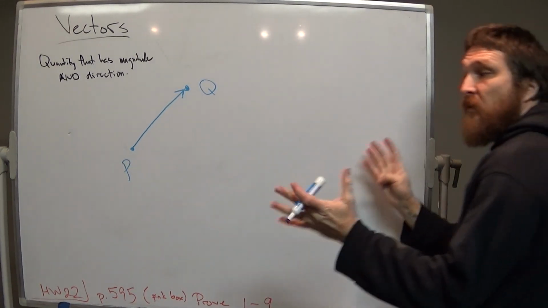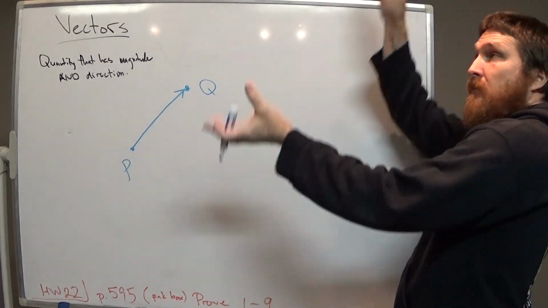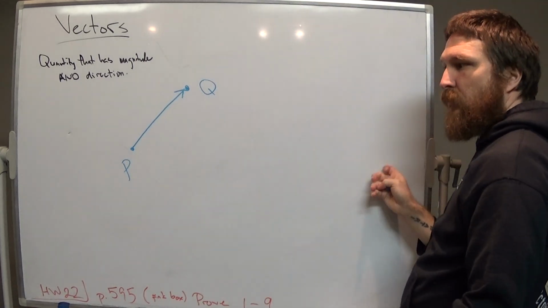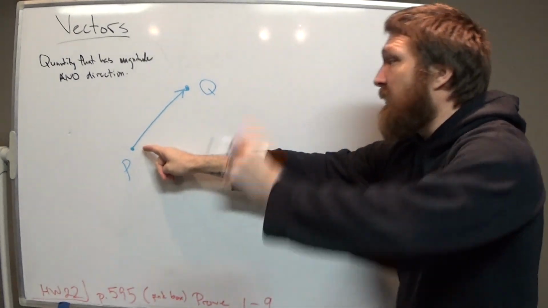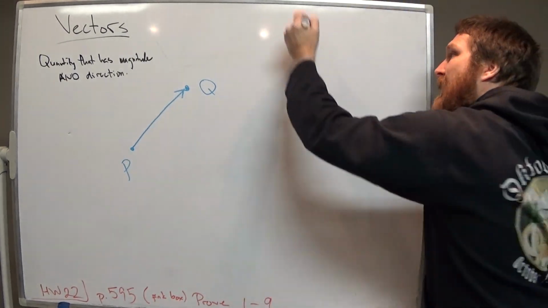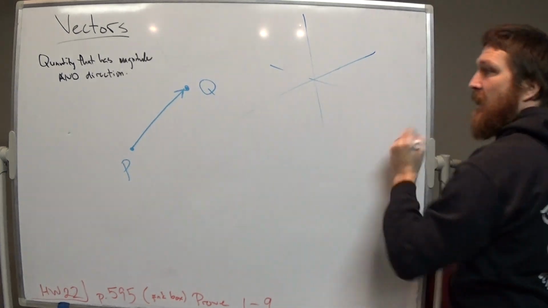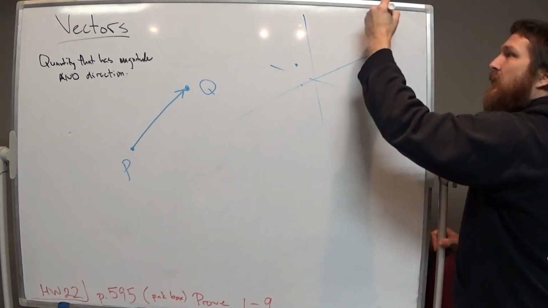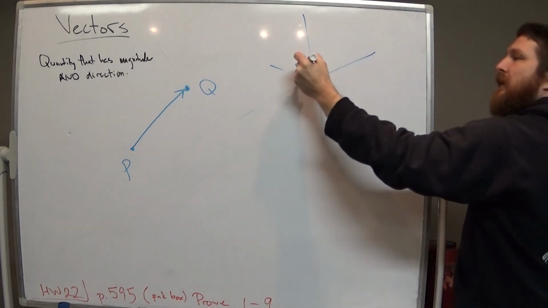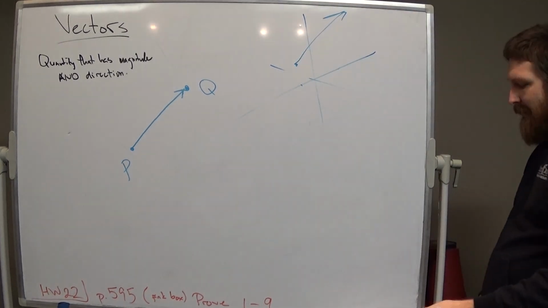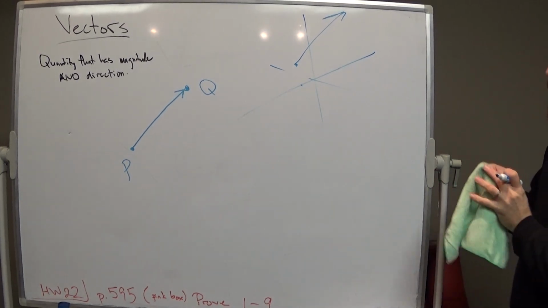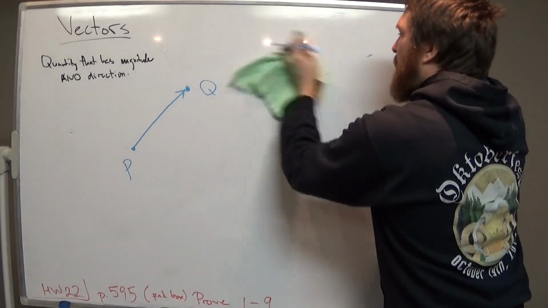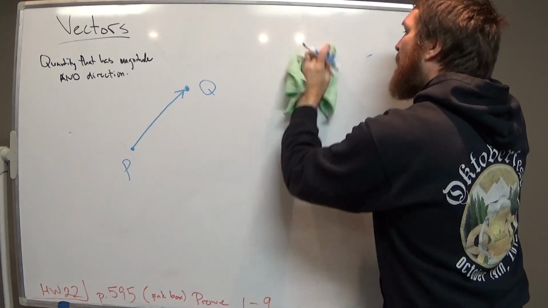So, in other words, 2 points in the space. Maybe the space is 2-dimensional like the board. Maybe I drew P here and I drew Q over here. Or maybe it's a 3-dimensional space, so P lives here and Q lives somewhere up here. I could draw that like that, right? Doesn't matter. The point is, given 2 points, those define a vector.